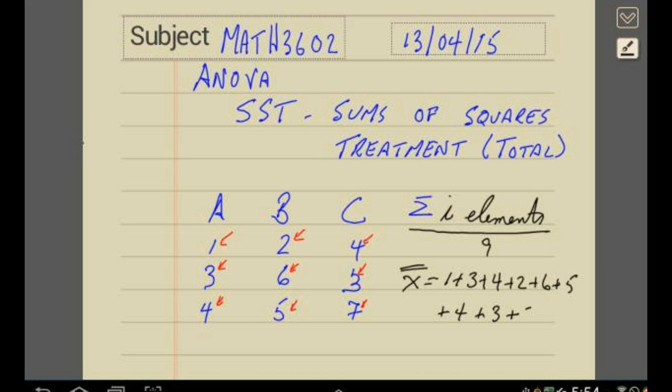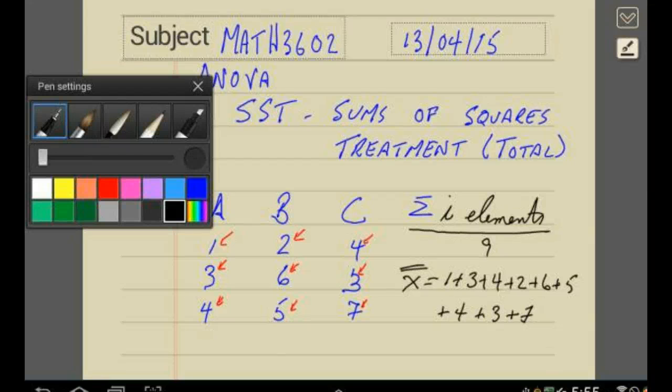Let's make one of them a little nicer, let's make this 2. Adding them up: 2 and 3, 5, 9, 9 and 2, 11, and 6, 17, and 5, 22, and 10, 32, and 4, 36. So this gives us a sum of 36, and then we divide by 9.